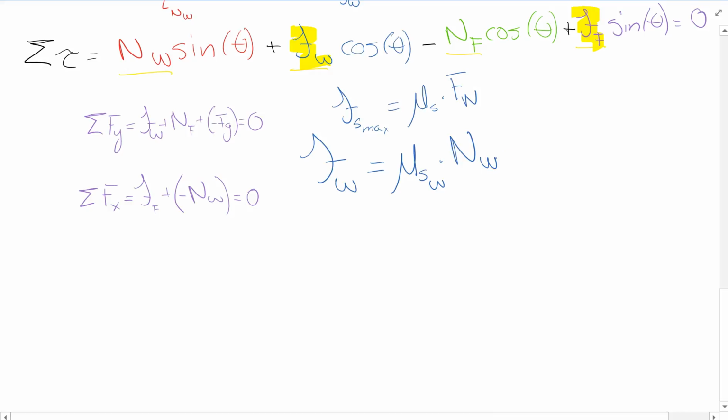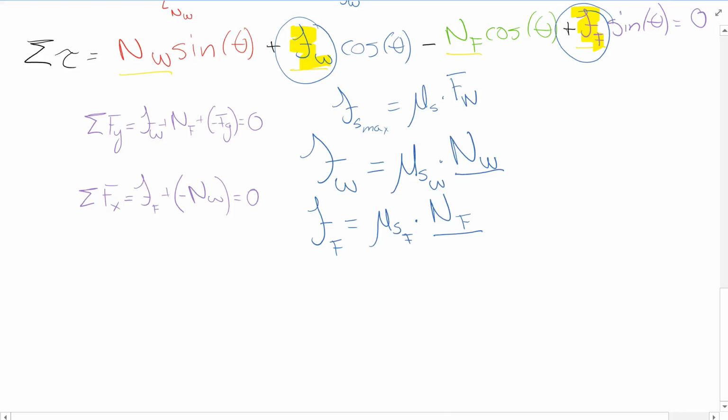We can also say that the friction force from the floor equals the coefficient of static friction from the floor times the normal force from the floor. Now this is really good for us, because what this does is it rewrites these two terms in terms of normal wall and normal floor, which is good.